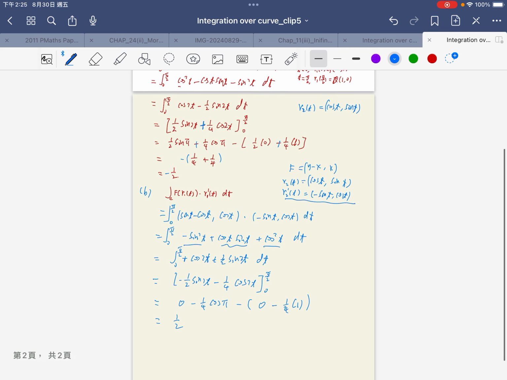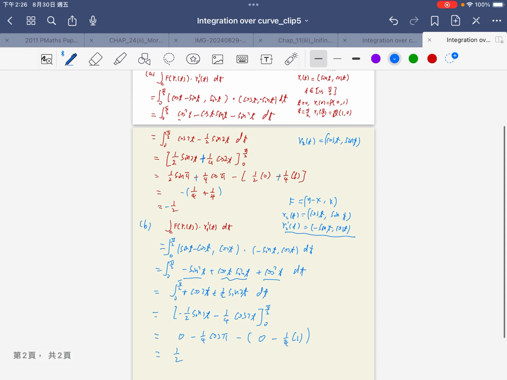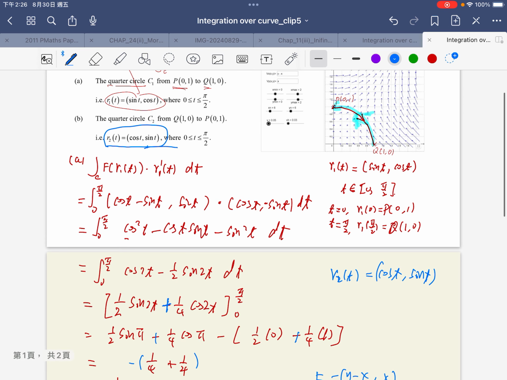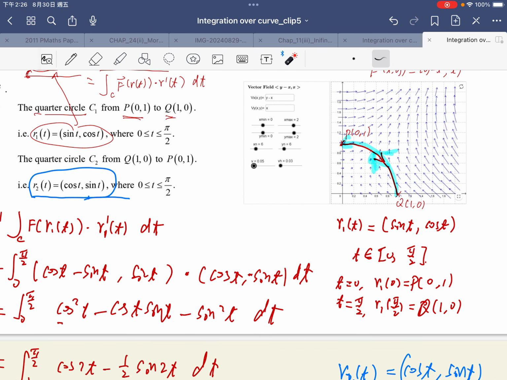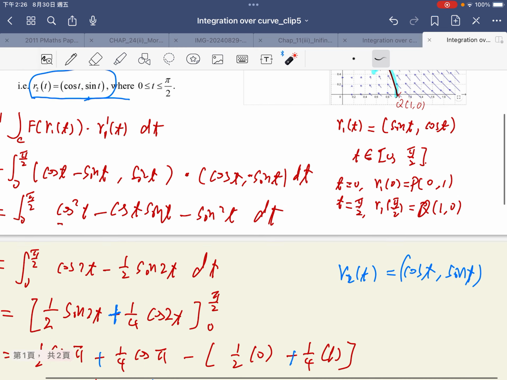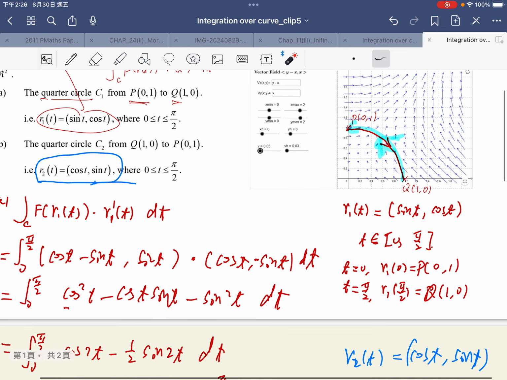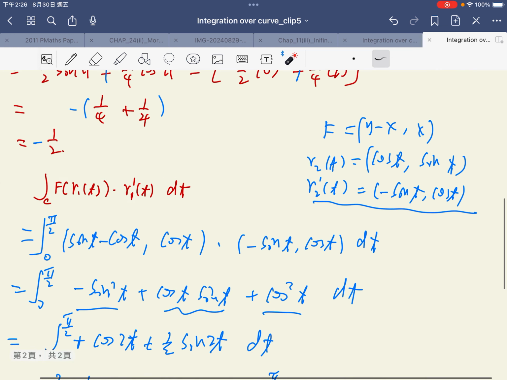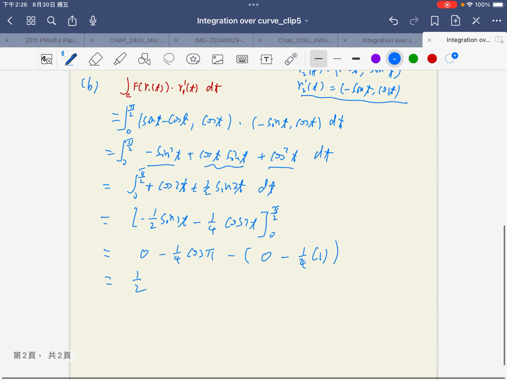If we do line integration over a vector field along a path, it quite depends on the direction of the path. In this direction, we calculate that it's a minus sign. Once we reverse the direction, the result is positive.